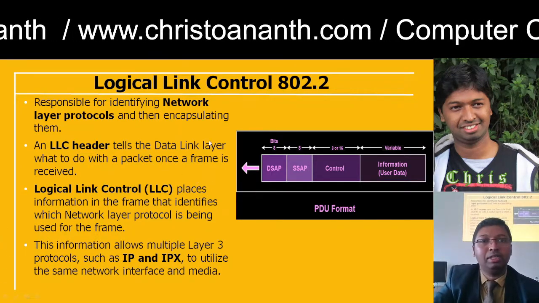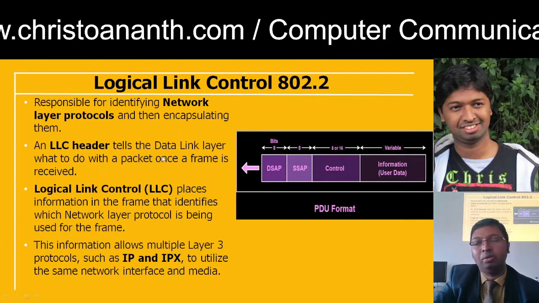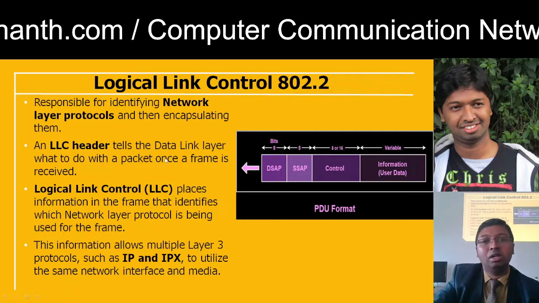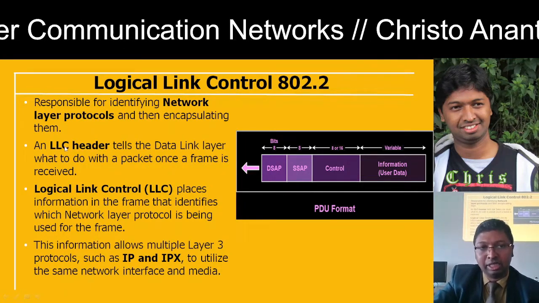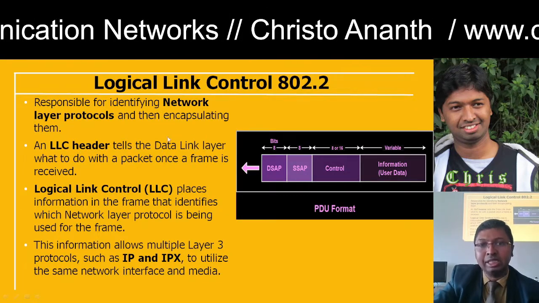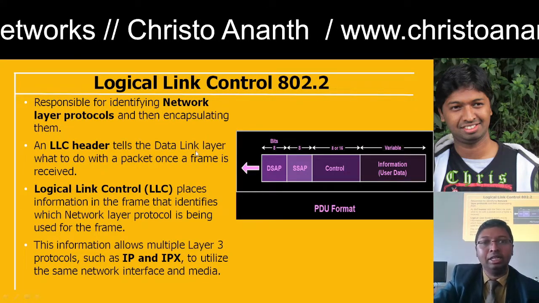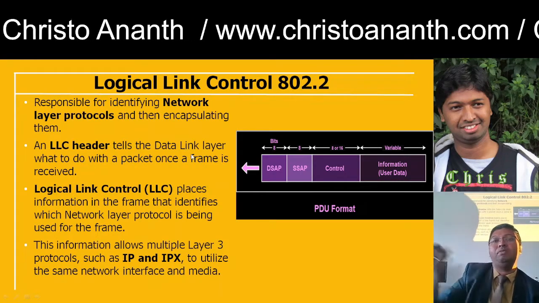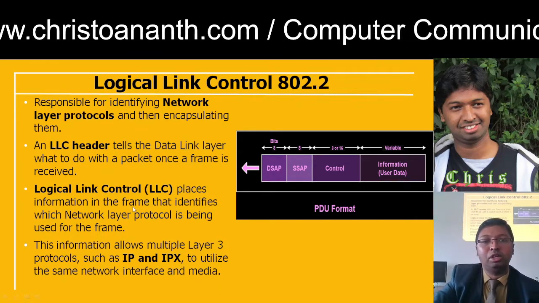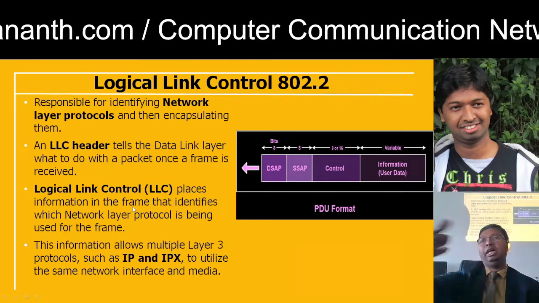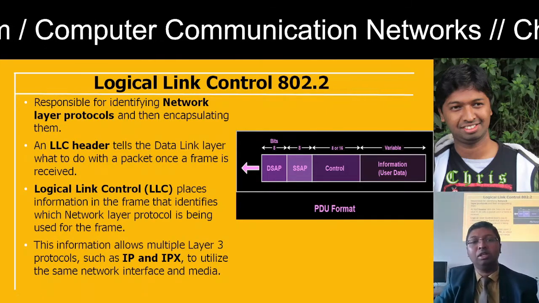So you have this network layer protocol, and we have the encapsulation process. You have the header. The LLC header, the logical link layer header, will tell the DLL, data link layer, what to do when the frame has been received. And logical link control is going to place the information of the frame in which the network layer protocol is used.